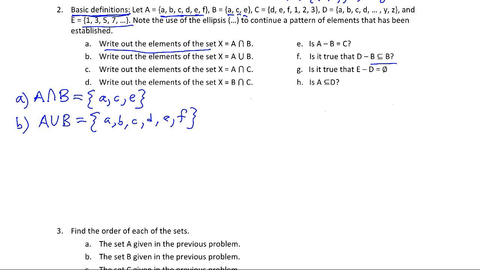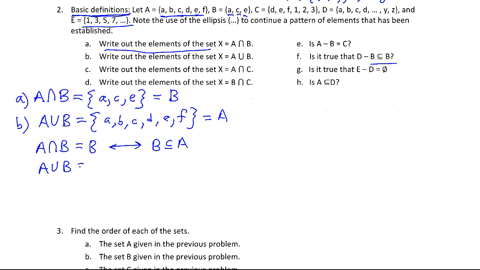Notice that ACE is equal to B and the ABCDEF is equal to A. Anytime we have the intersection of a set with another one equal to one of those sets, then I can say that happens if and only if B is a subset of A. We can also say that if the union is equal to one of the sets, then one of them is a subset of the other.